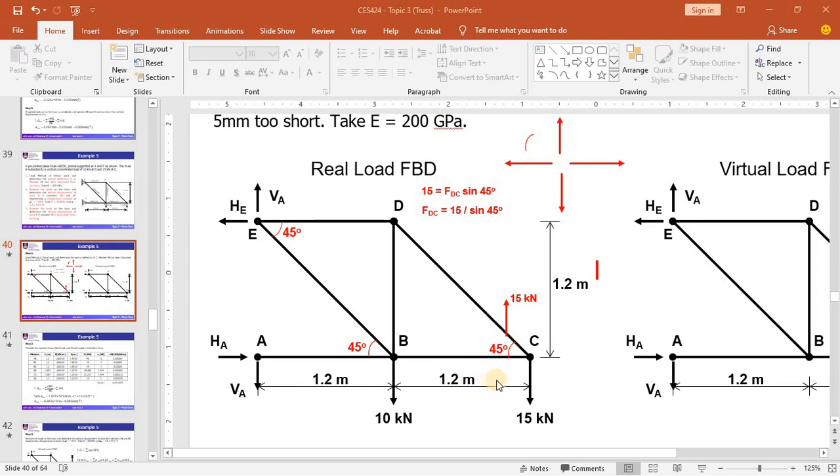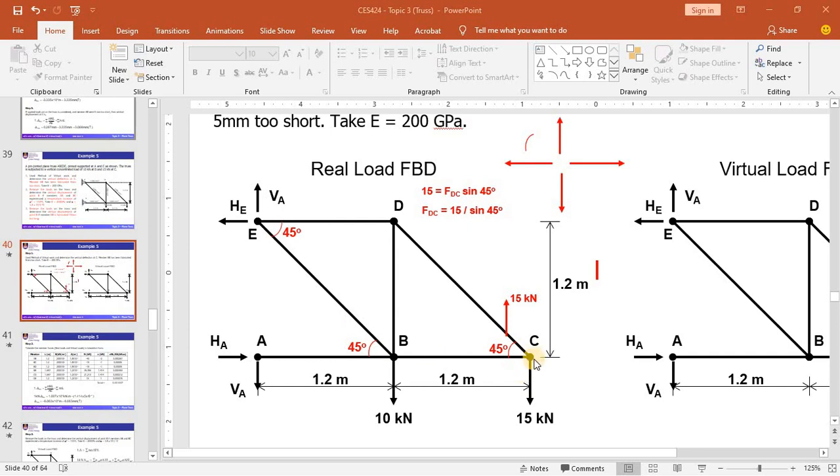Straightforwardly, you can go to joint C, because at joint C you can see there are 2 unknowns, DC and CB, which is the only number of unknowns at this joint. Besides that, you can start at joint A and joint E, but then you need to calculate the reaction at support. Here I don't want to calculate the reaction at support, so I only have the option of joint C. Let's concentrate on joint C.